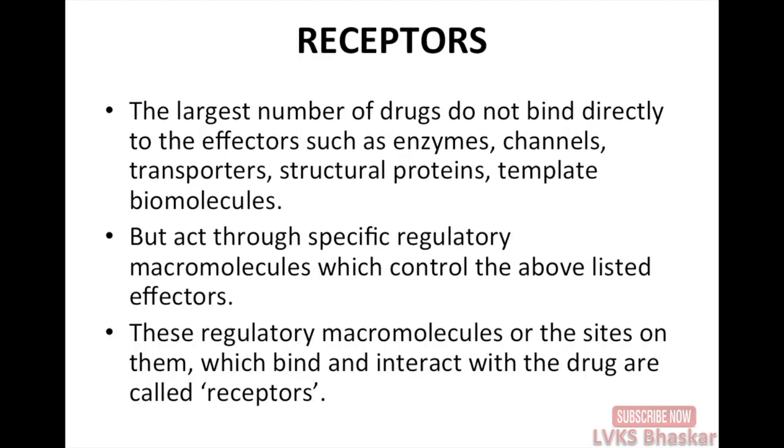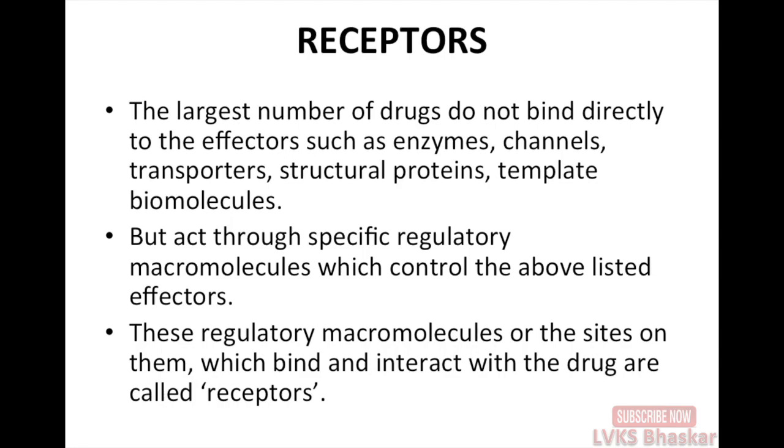So the majority of drugs do not bind directly to the effectors such as enzymes, channels, transporters, structural proteins and template biomolecules. But they act on the specific regulatory molecules that control these effectors. The sites on these regulatory macromolecules which bind and interact with the drugs are called the receptors.